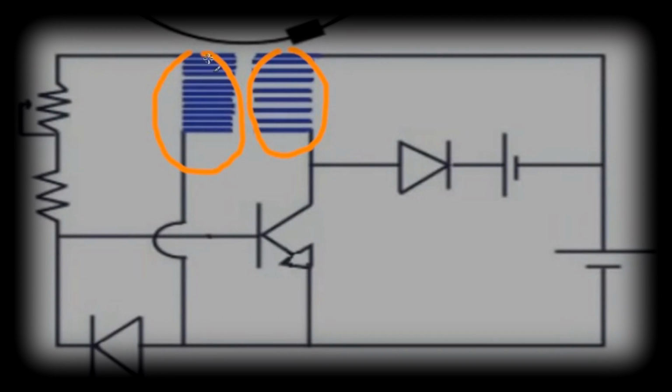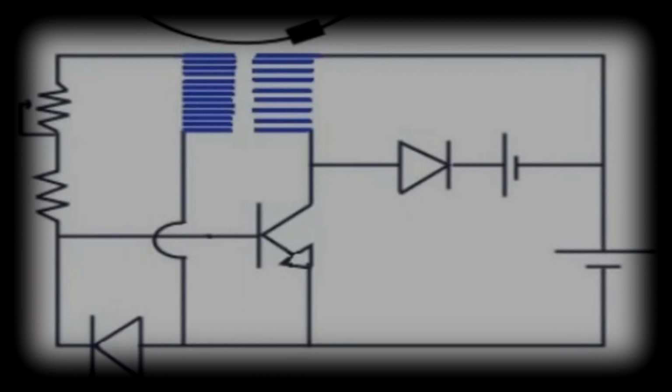Okay, so any field from a magnet that hits one coil will hit the other. So as soon as this magnet gets close enough to this coil, this is the drive coil. So the drive coil will saturate with magnetic field and distribute some of that magnetic field to the trigger winding.